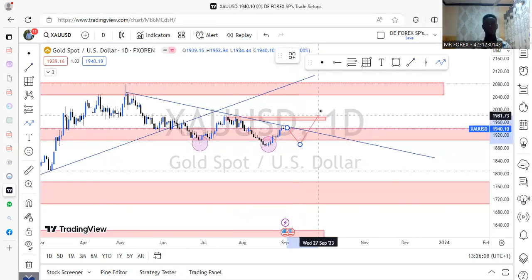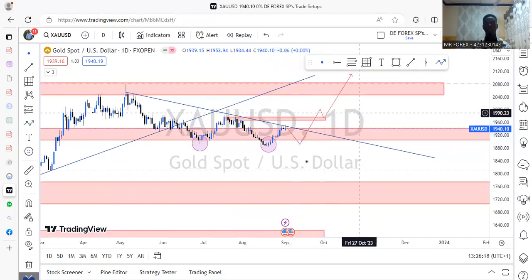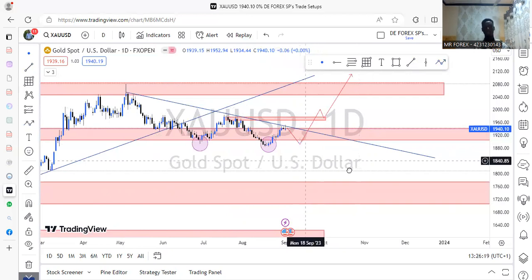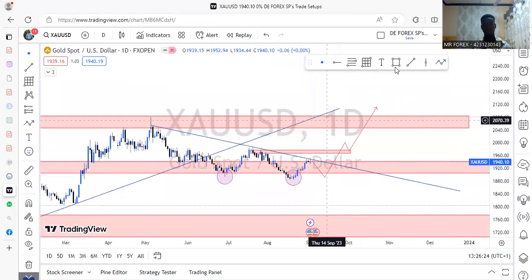Then we expect price to break back up here. Break that level, then we have this nice move up. So this is what we expect on XAUUSD. That is gold.